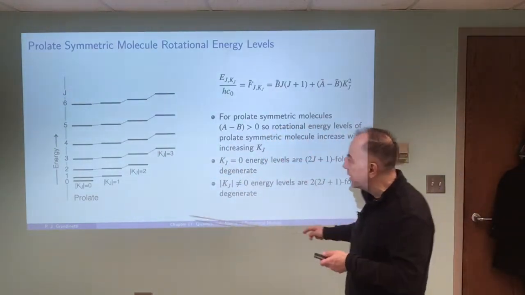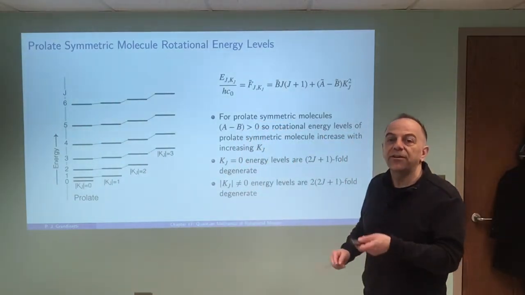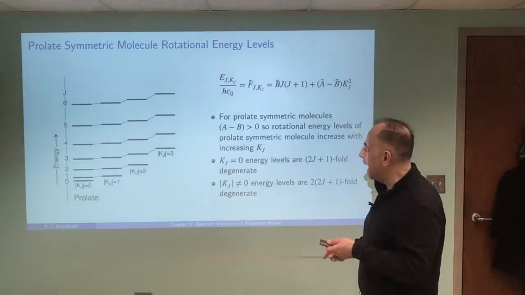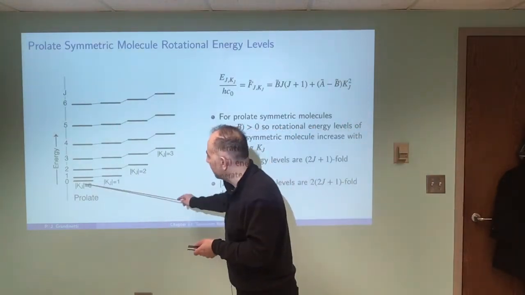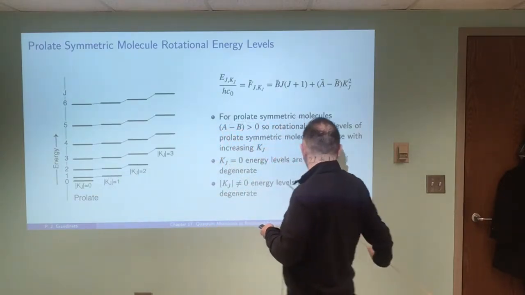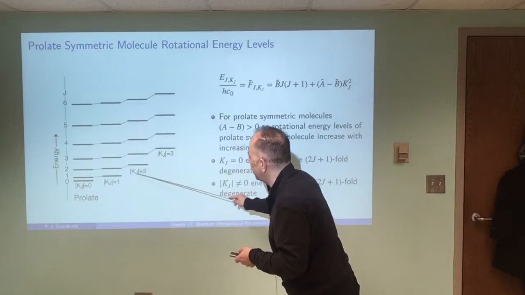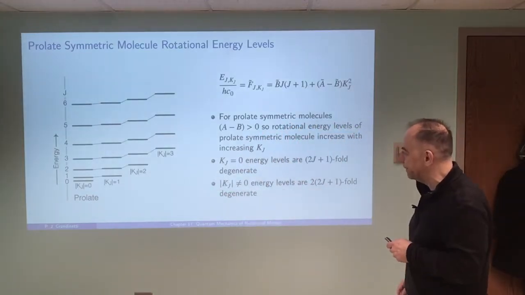As j increases, you're going to get a 2j plus 1 degeneracy for the m sub j part, and then with the k sub j in the prolate symmetric case, you'll get an additional double degeneracy, a multiple of 2 for the Kj's that are non-zero because this term shows up squared.